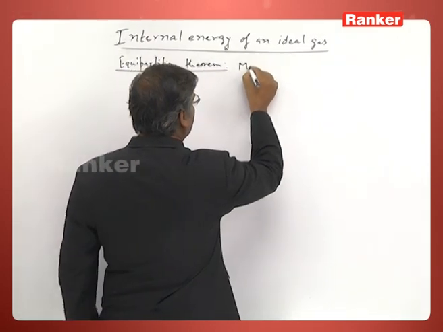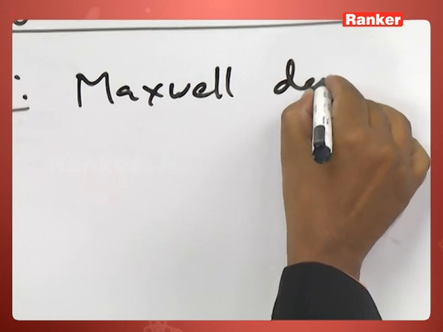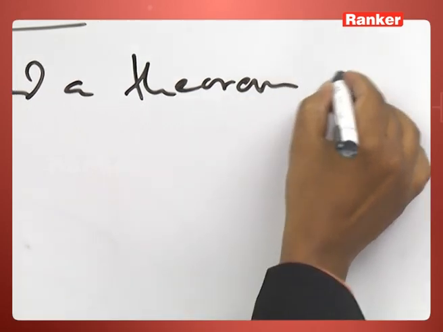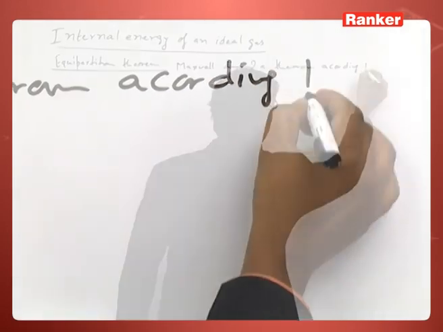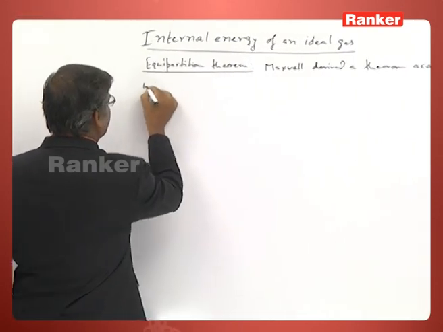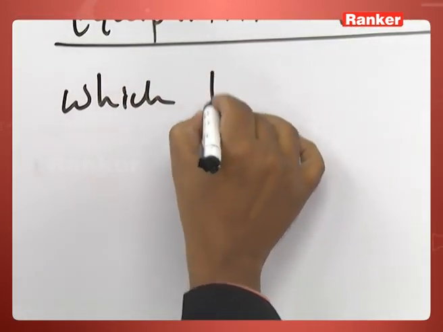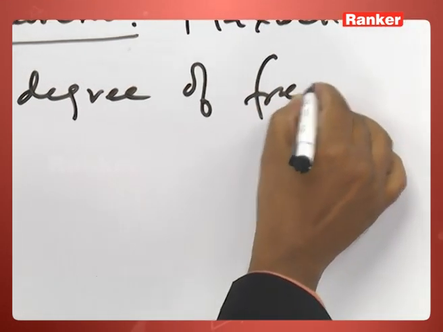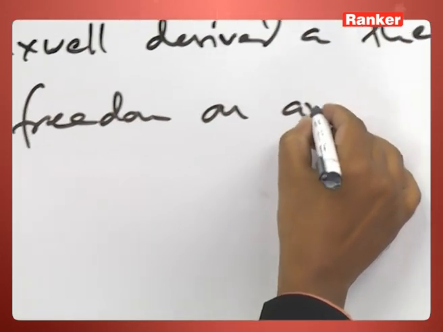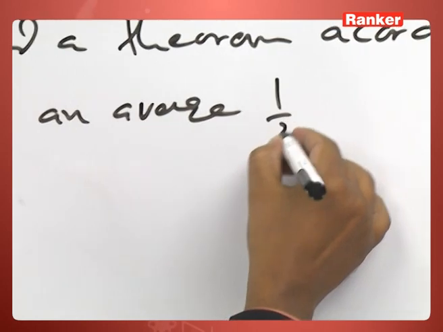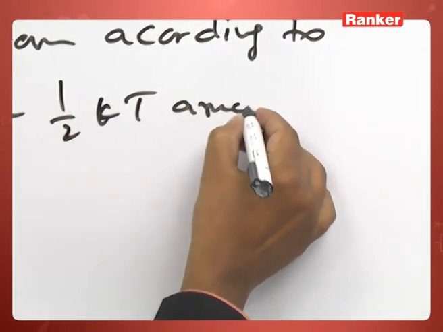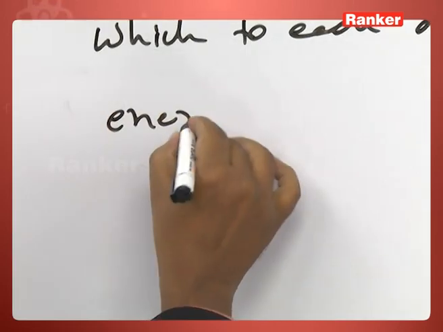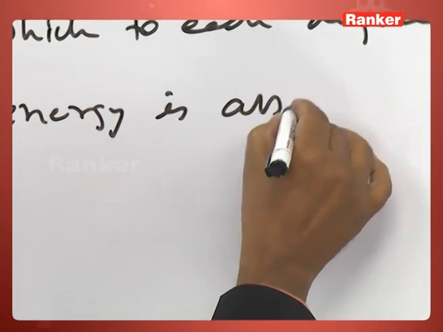Maxwell derived a theorem according to which to each degree of freedom, on an average, half kT amount of energy is associated.